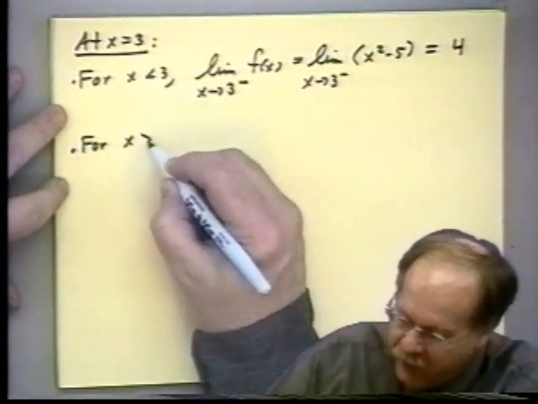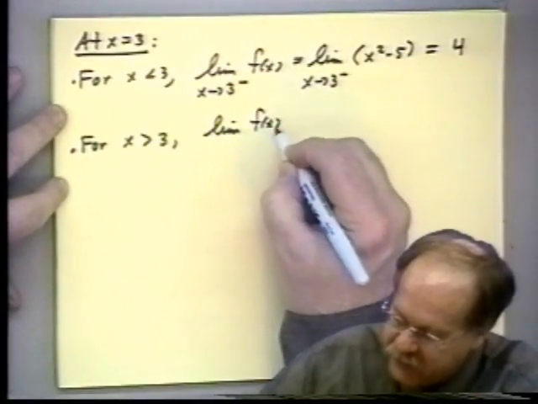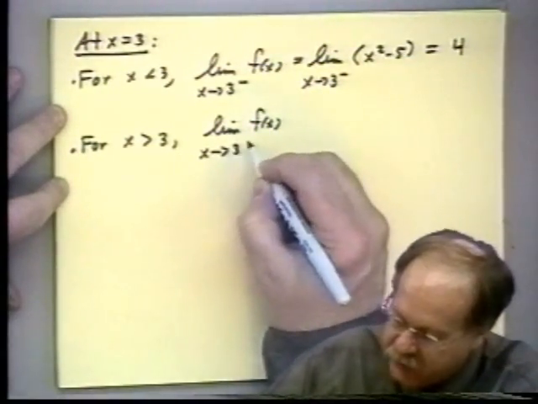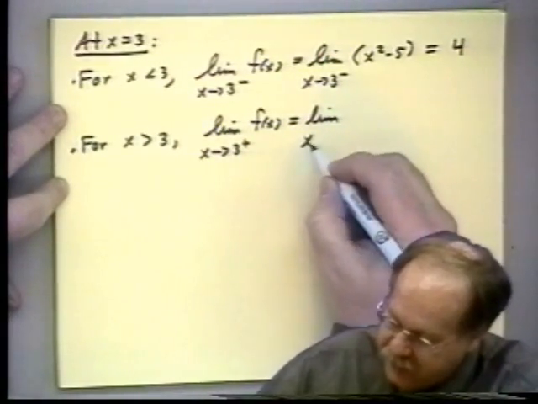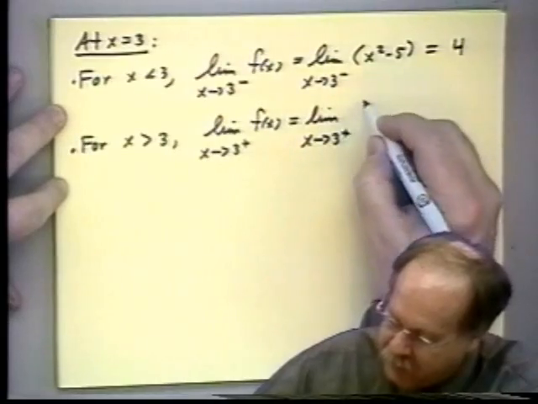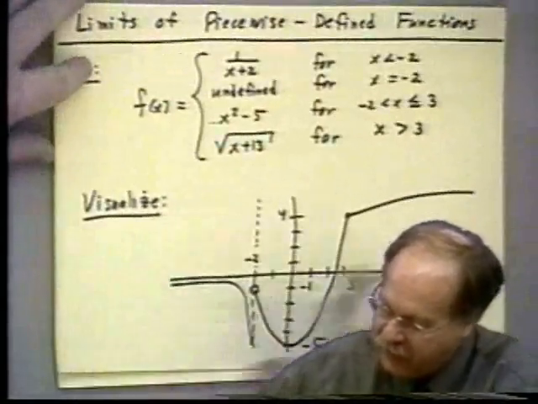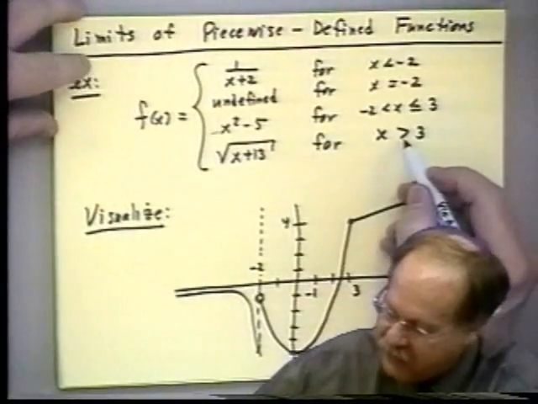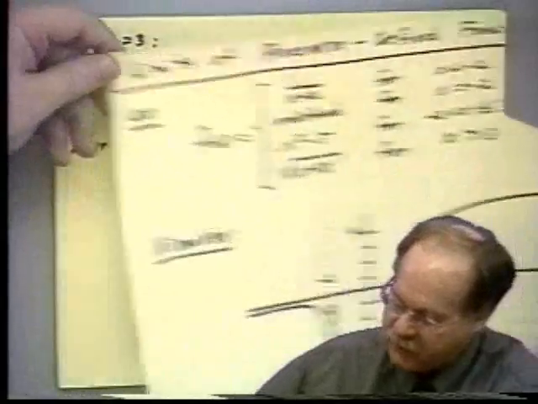Then, in the other direction, for x greater than 3, we take the limit of this function as x approaches 3 from above. Let's go back and see what that function said. Here it is. For x greater than 3, the function is the square root of x plus 13.